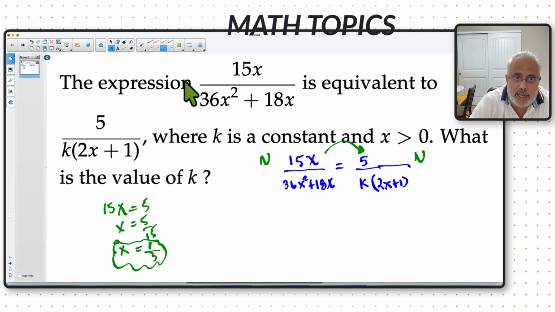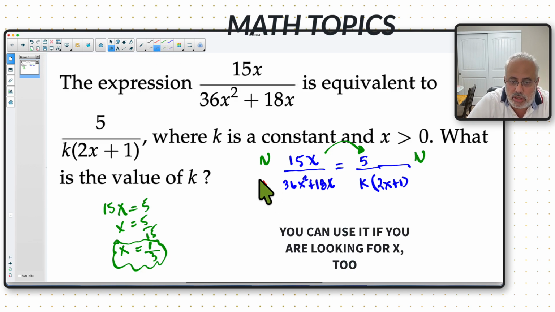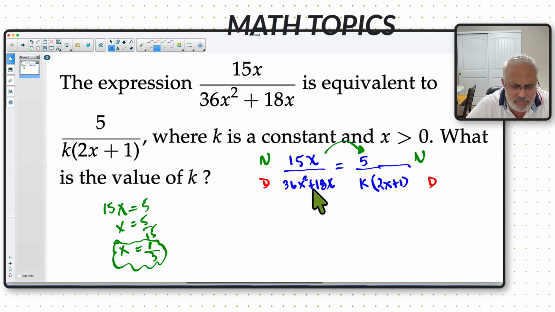And the denominators are the same too. Okay? But now we are in a better shape because we have different variables, x and k, but we already know the x. You can opt here to factor the denominator, so you can say that this is 36x squared plus 18x, if you want to do it that way.